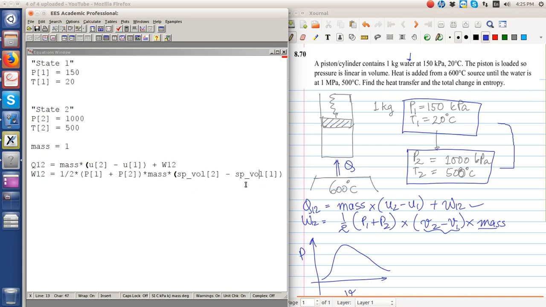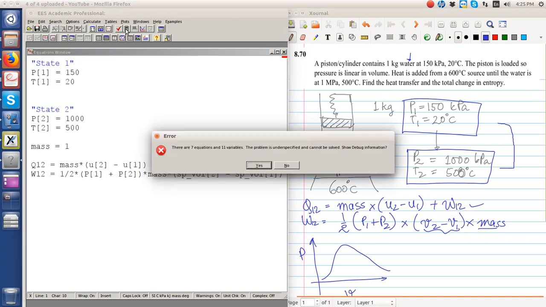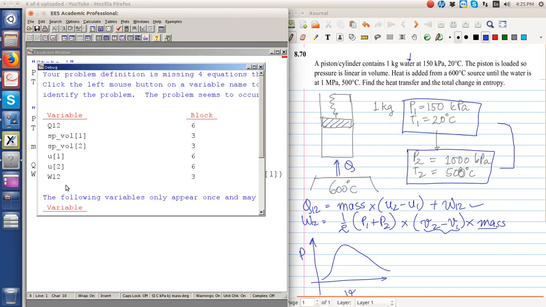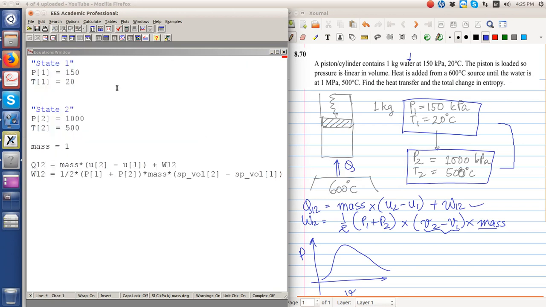Okay, so this should give us the heat transfer. Okay, there's some error. Clearly we have not defined the U's and the specific volumes. So U1 is equal to internal energy of steam at T equal to T1, P equal to P1.